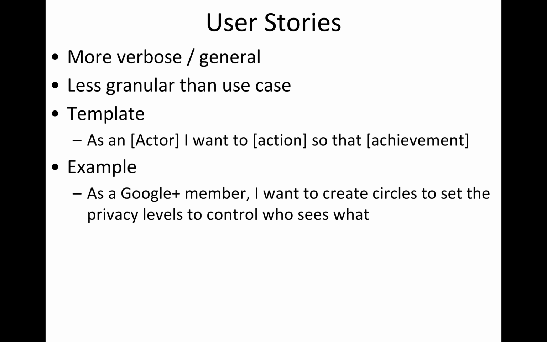Anyway, so a user story is a little bit high level, a little bit less granular, and might be supported by any number of actual use cases, several use cases that support a particular story. They might also have several canonical types of actors, perhaps even with names that have a particular description of that particular person, maybe their demographics, their age, their particular case. And as that person, you want to achieve a certain goal.